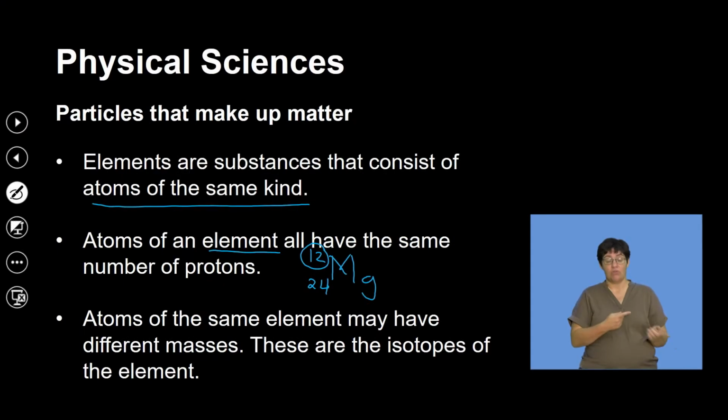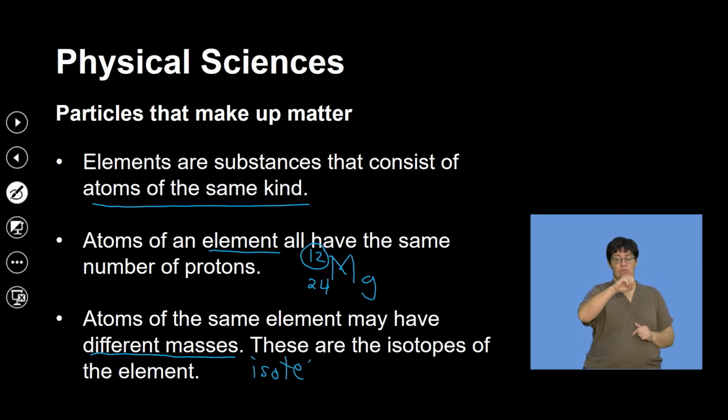So these elements that have got the same number of protons but different masses, we call them isotopes. So these isotopes, they exist.